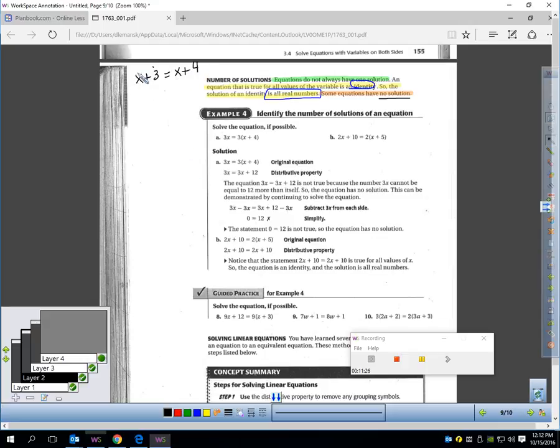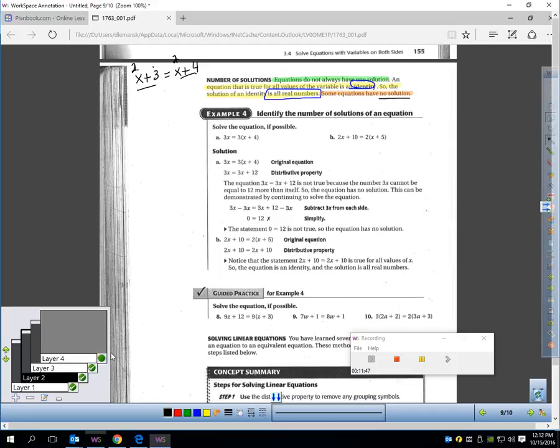There's no number that I could put into x that's going to make this true. Like if I try plugging a 1 in here, I'm going to get 4 here and 5 here. Those aren't equal. Or if I plug in a 2, I'm going to get 5 here and 6 here. It doesn't matter what number I plug in for x. There's nothing I can plug in that's going to make this side equal to that side. Okay? So that's what I was trying to explain there. There are problems that could be no solution.